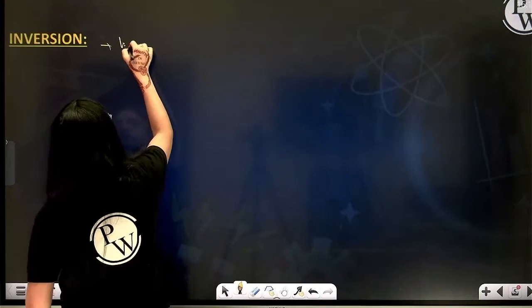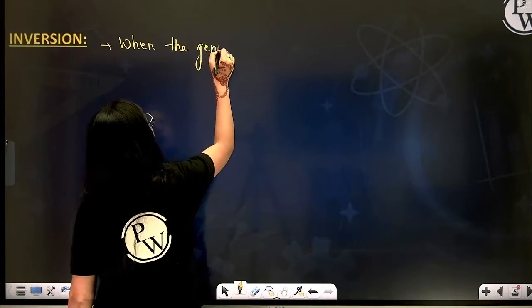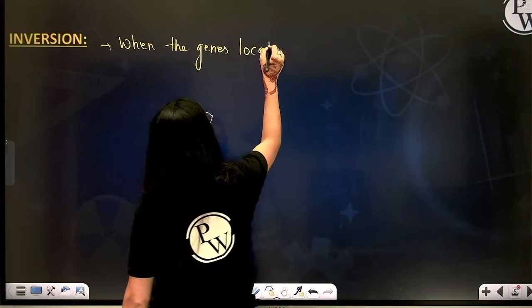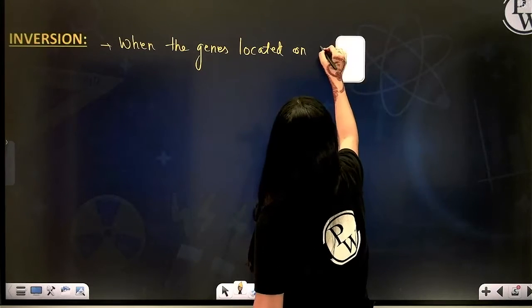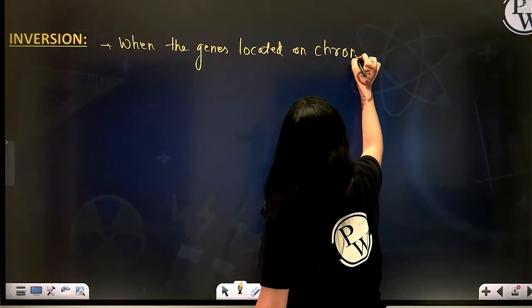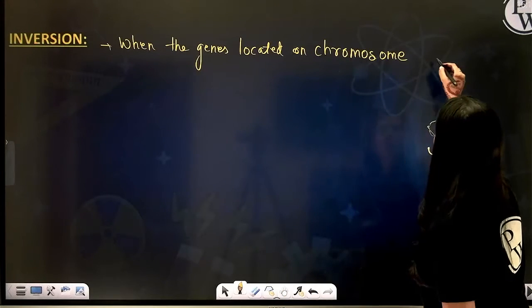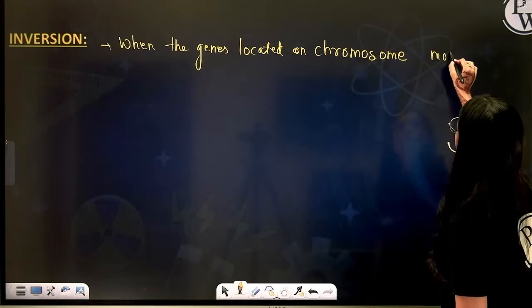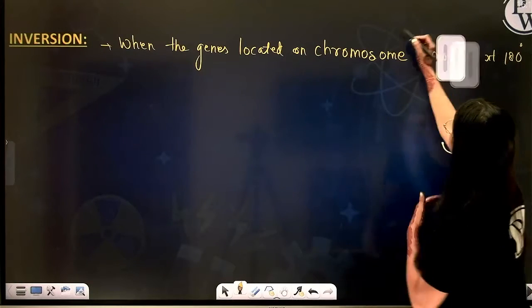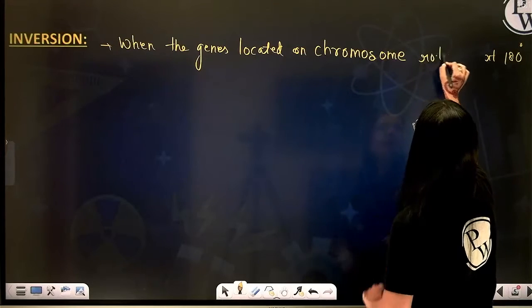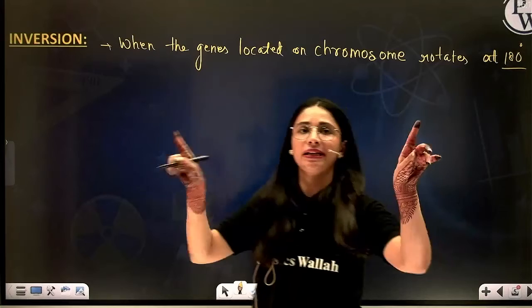When the genes located on a chromosome rotate at 180 degrees, like this.